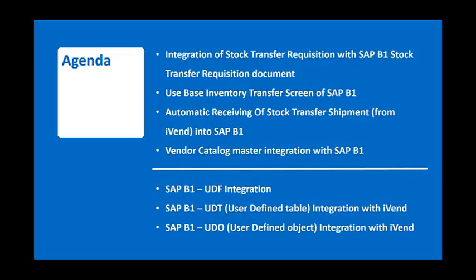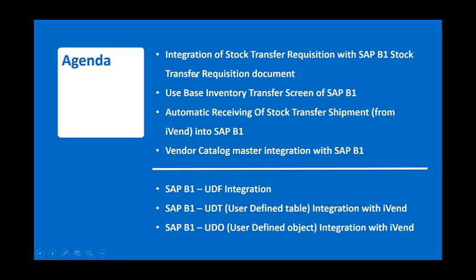The features that I've selected, just the most important ones, are broadly categorized in 2 categories, as you can see: the transactions around stock transfer on the top and the UDF, UDT, UDO integration at the bottom. This is the interesting part, and I'm obviously and predictably saving it for the second part of the session.